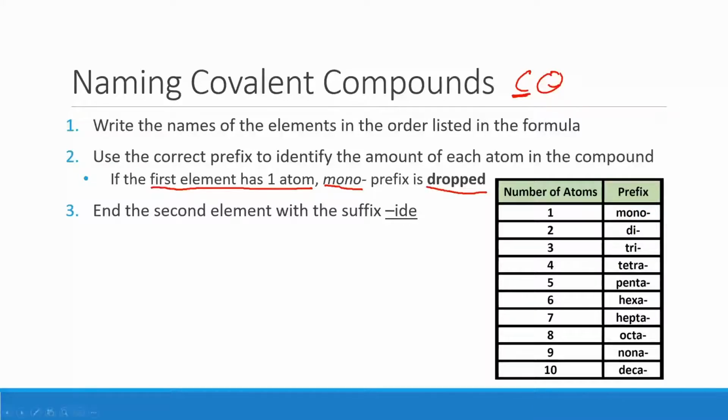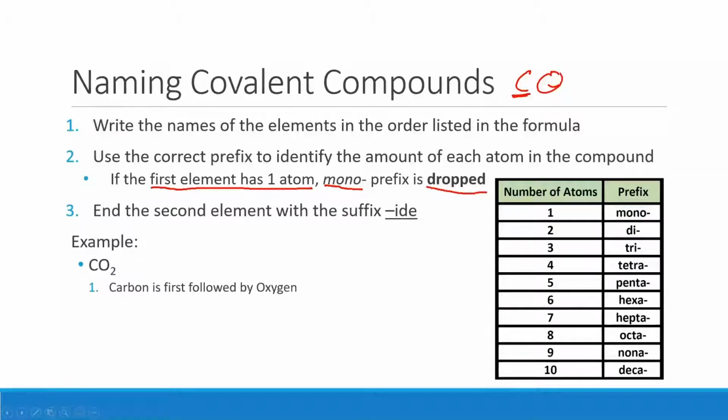I basically already went through an example. We can do another one, CO2. So when following the rules, first of all, you should look and see the order in which the elements are listed. So first is carbon, then oxygen, which means that when you are naming this, you're going to go with carbon first, followed by oxygen.